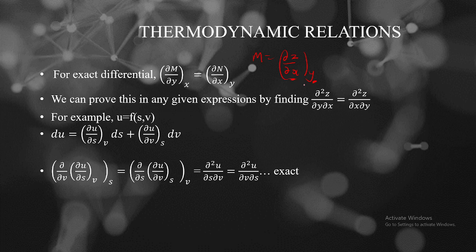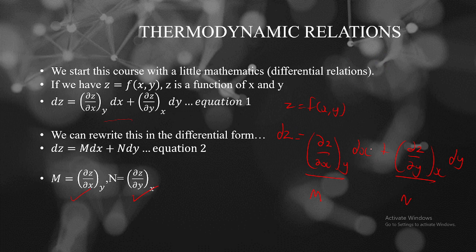Now I want to look at what happens even further. So after I've done the change in this form, what happens if I rather keep the x constant and change the y for that same M expression? So I'm now going to make it del M. This time, instead of me looking at the change in x, I look at the change in y while I'm keeping x constant. And the same thing goes with N. So N was del z del y at constant x from the previous slide.